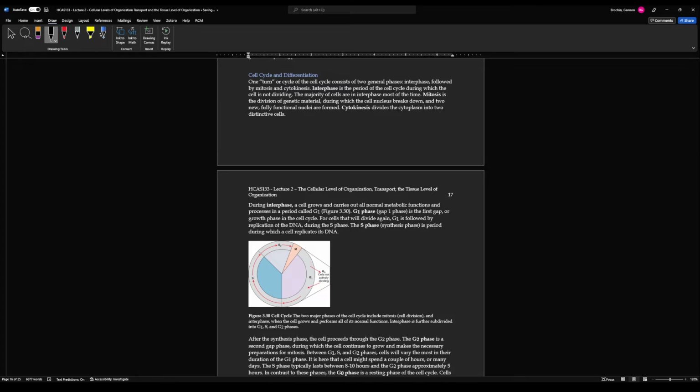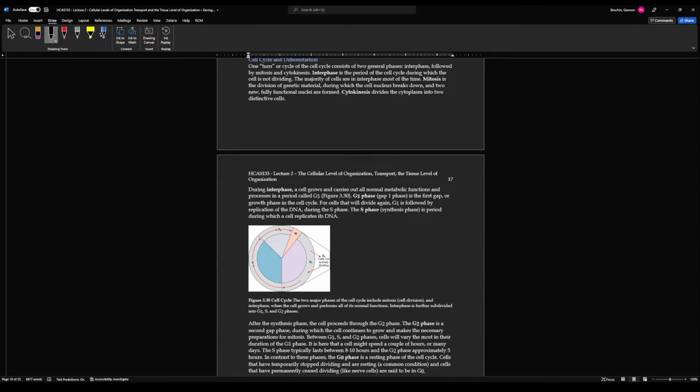Now, cell cycle. Big thing to think about, the cell cycle. We essentially have two phases. There's the interphase and there's the division. Division is really divided into two things, which is mitosis and cytokinesis. Mitosis is when we divide genetic material and replicate it. Cytokinesis follows up mitosis so that then the cell literally will split itself in two, and we'll have two fully functioning cells with all of the necessary genetic material in each of them.